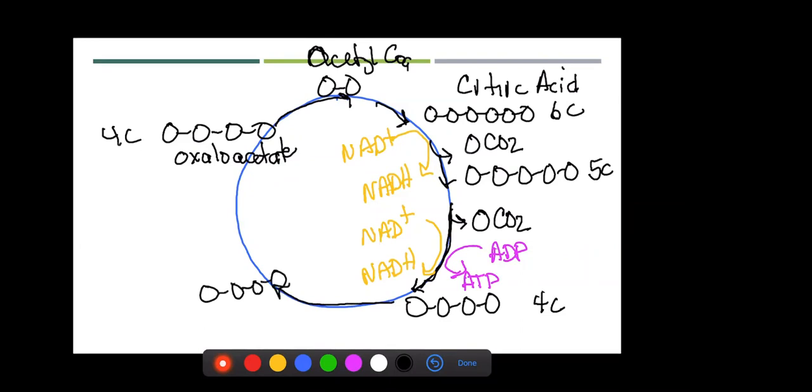There's a lot of steps going on here that you are not seeing. We're going to take our FAD. We're going to load that up with hydrogens. And then we're going to go one more step here. We're going to pull off some more electrons.